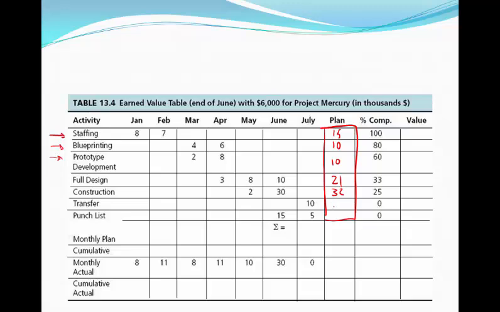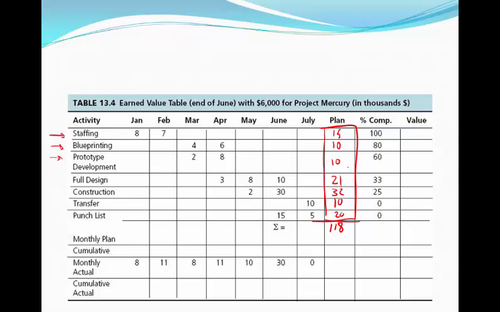Your transfer is $10,000, and your punch list is $20,000. So the total planned value for this project is $118,000. If we add up all these numbers, we'll get $118,000.